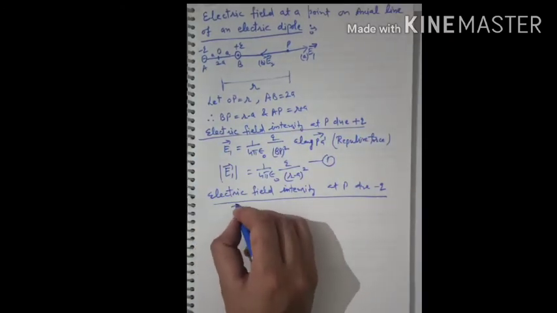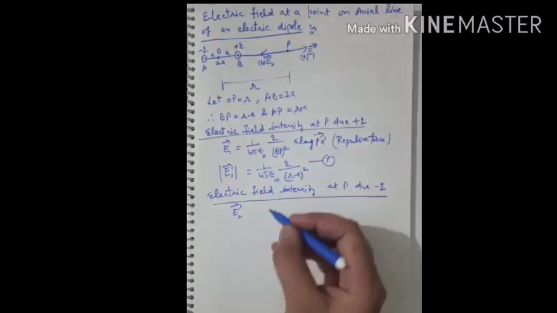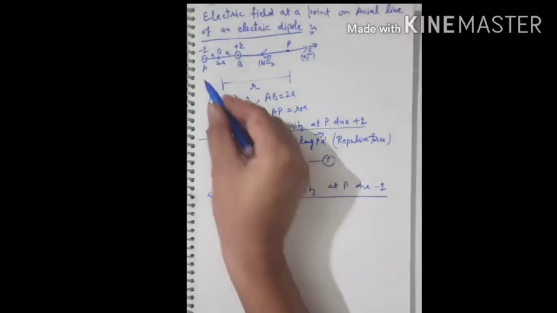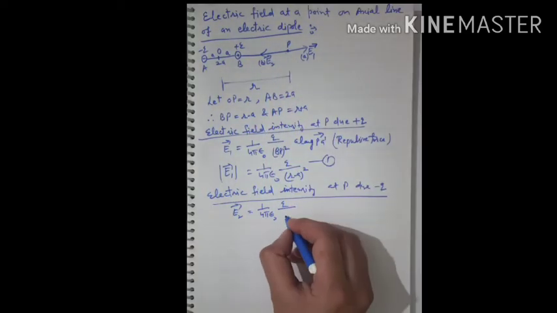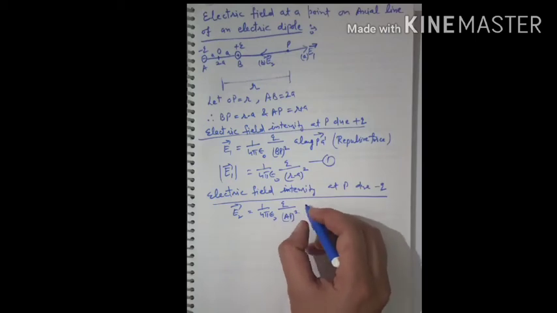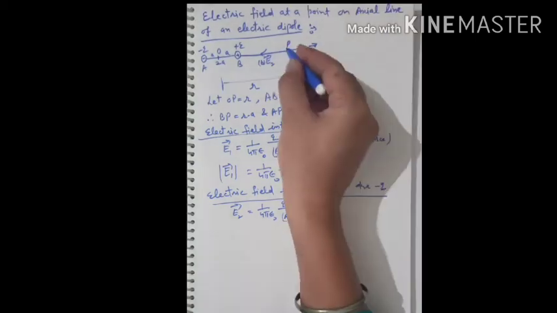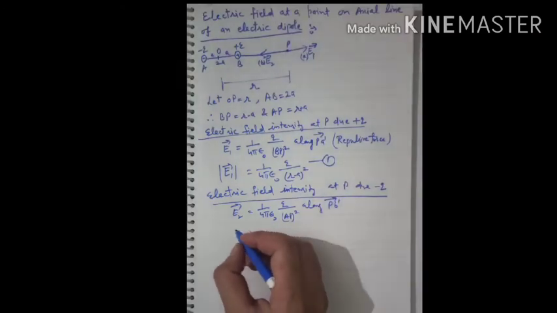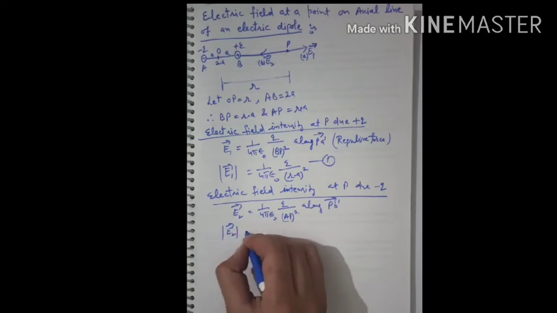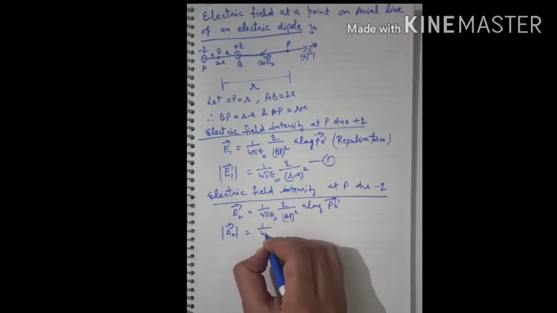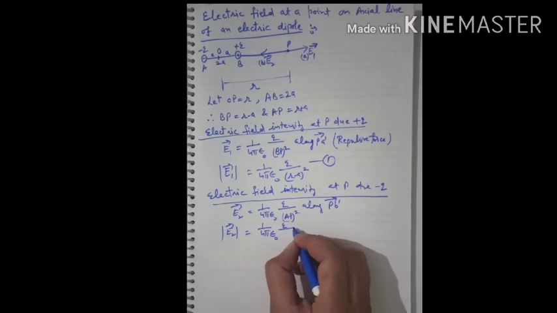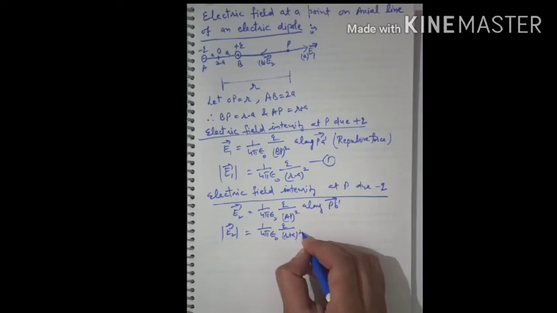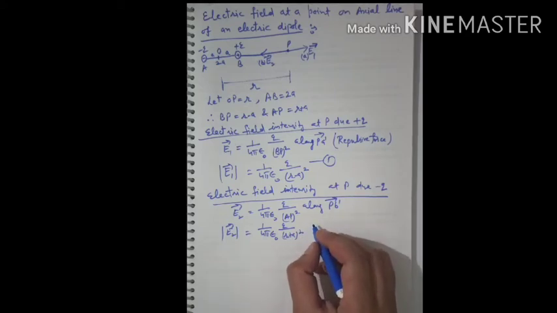Similarly, E2 is in the left direction, so it is equal to 1 by 4 pi epsilon naught Q by the distance from A to P, so this is equal to AP square, and this intensity is along the P to B dash vector. So in magnitude form, this intensity E2 modulus is equal to 1 by 4 pi epsilon naught q by (r plus a) square. So this is equation number 2.